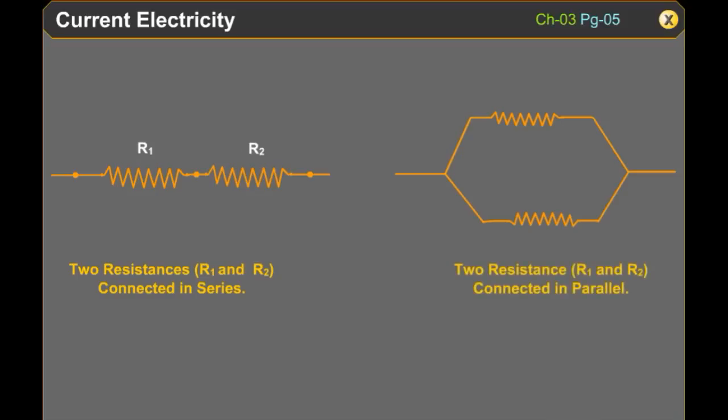When two or more resistances are connected between the same 2 points, they are said to be connected in parallel. The two resistances R1 and R2 are connected in parallel arrangement between the same 2 points A and B.